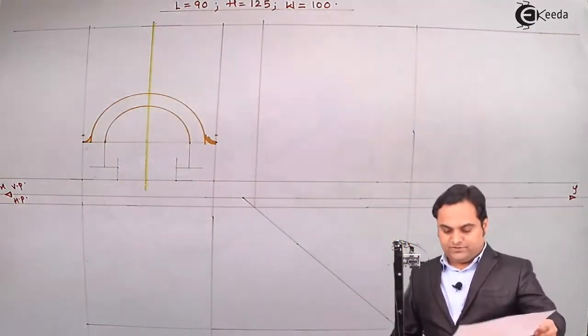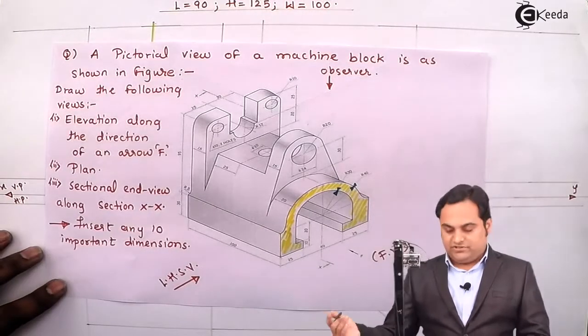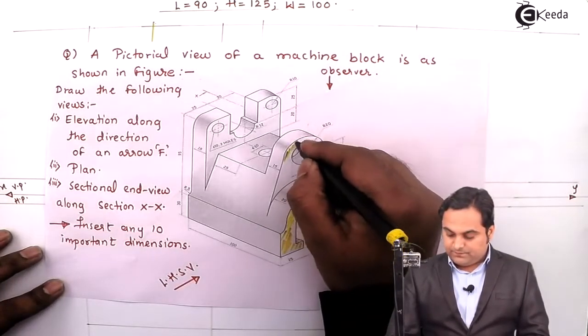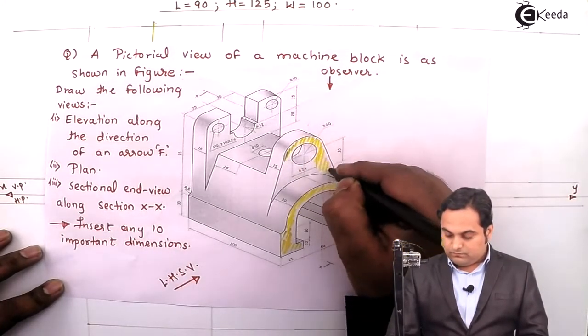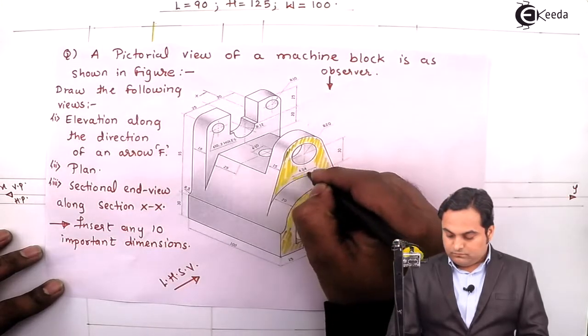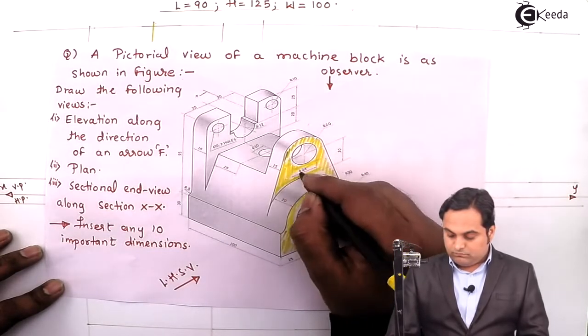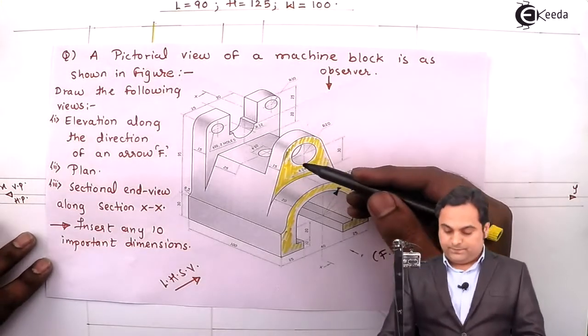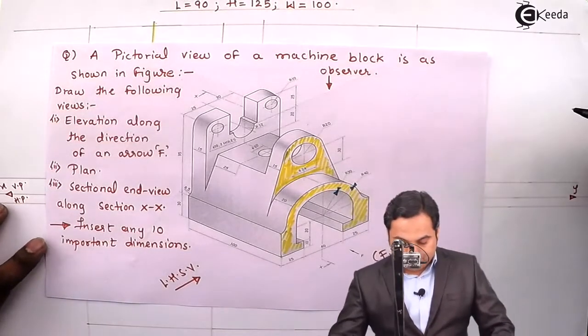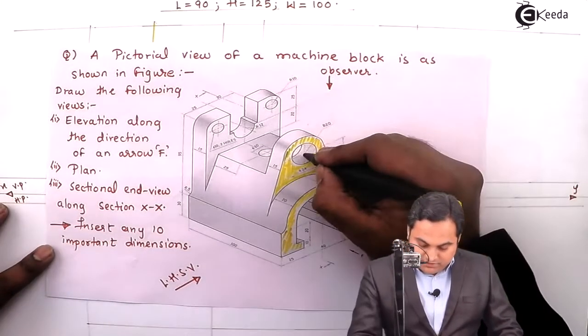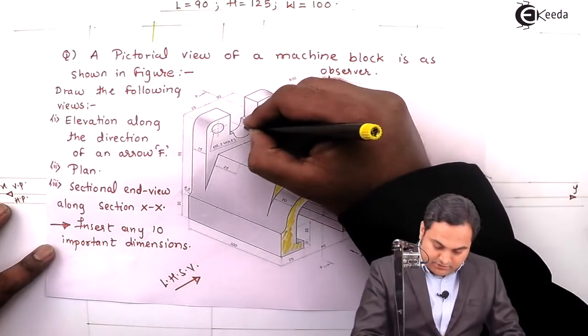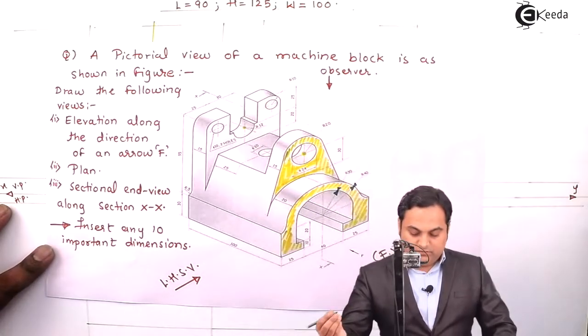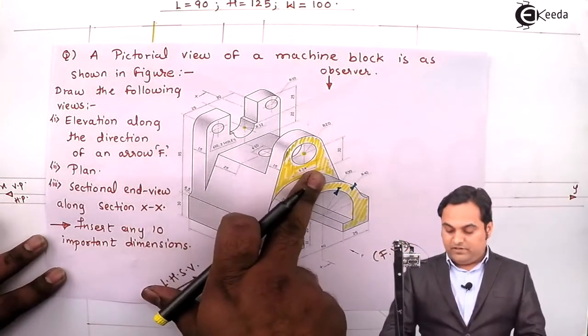Then after this, the next surface which is seen from the front is this. Now here I need to locate this center, and for that, if we see here the center of this portion and the center of this semicircle which is behind, they are onto the same level.